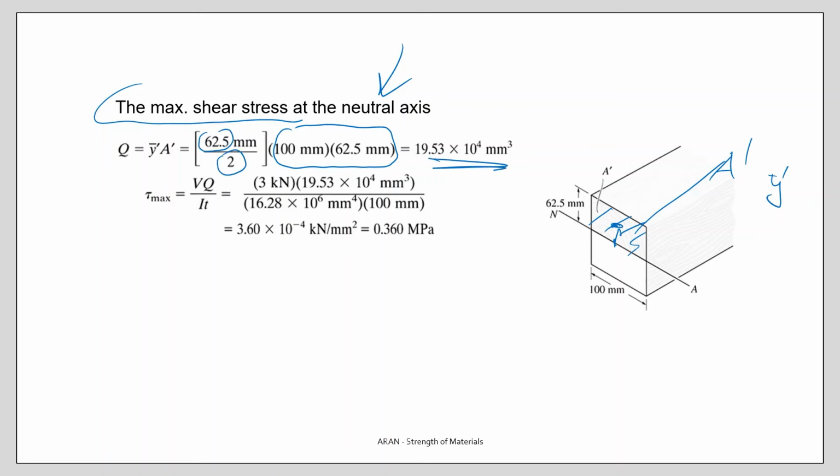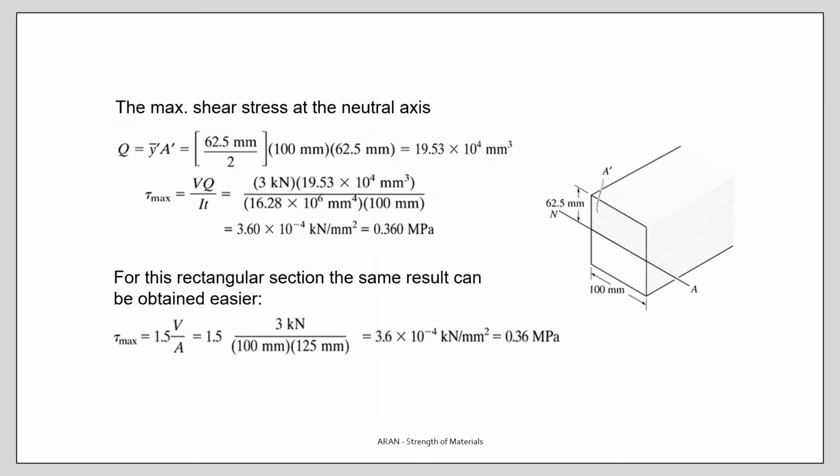And this is my Q value. The other values we already know. Put everything together, and the maximum shear stress on the neutral axis is 0.360 megapascals.